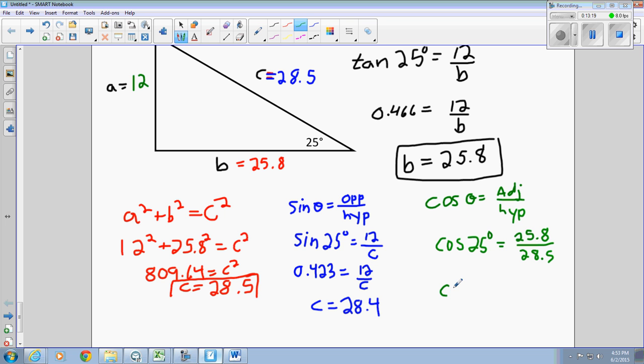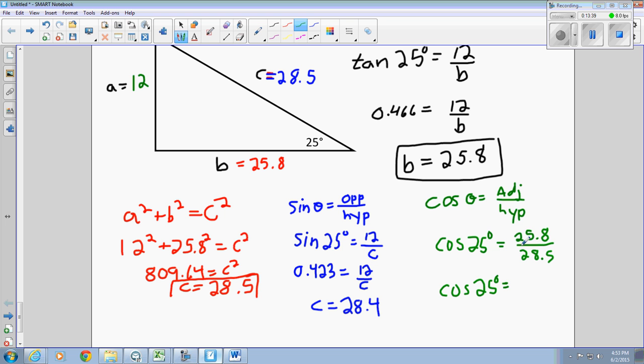So we want to make sure that cosine of 25, and this is, again, just another exercise. You don't have to do this. We're just going through, playing with the cosine, sine, and tangent functions to make sure you get comfortable using them and understand what they actually are.